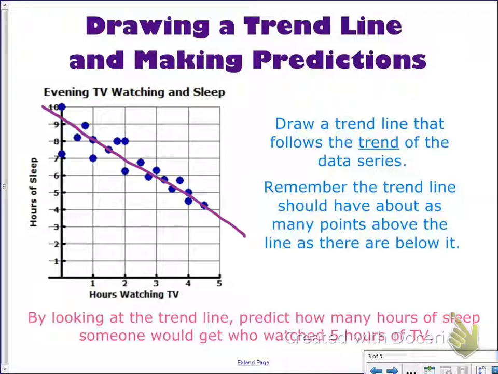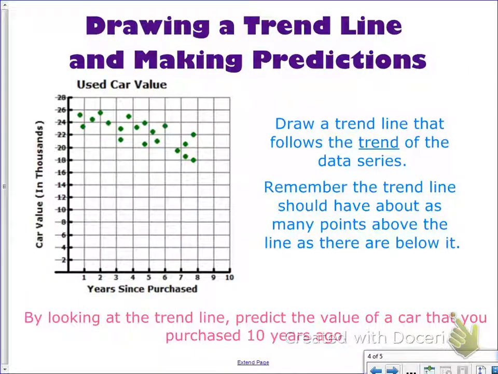So when we draw this trend line and we look and see, okay, at 5 hours, I hit about the 3.5 mark on my trend line. So that means that if someone watches 5 hours of TV in the evening, they are likely to get about 3.5 hours of sleep.